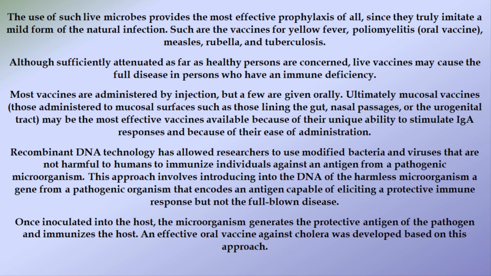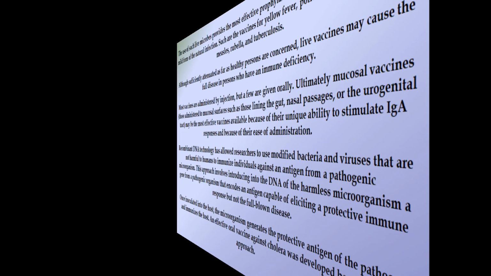Once inoculated into the host, the microorganism generates the protective antigen of the pathogen and immunizes the host. An effective oral vaccine against cholera was developed based on this approach.